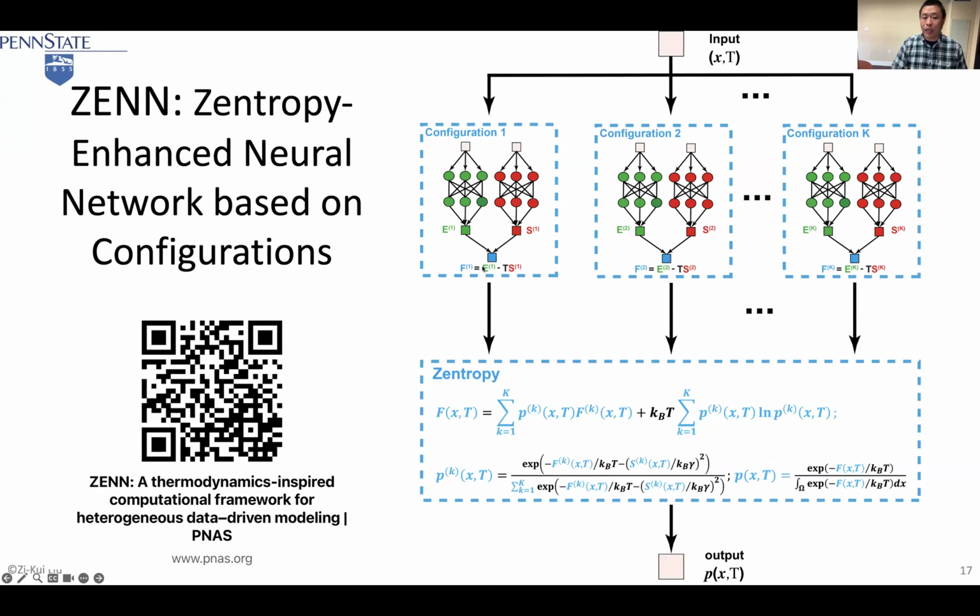Once you compute the E_k and S_k, you can get F_k, which is how you compute the probability. The formulation is more complicated than cross entropy, because in the cross entropy case S_k equals 0 and F_k equals E_k, so they are the same. So it's much simpler.